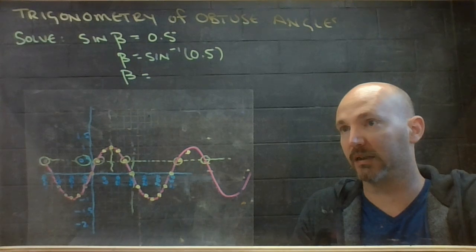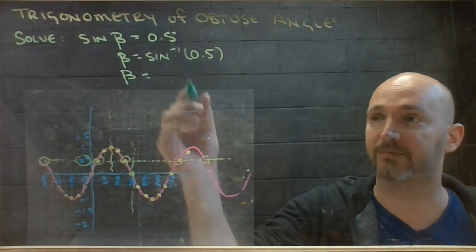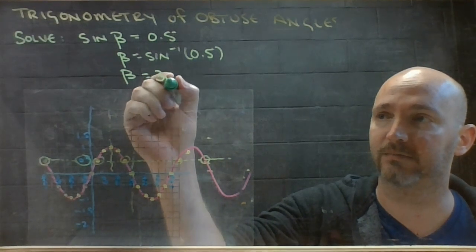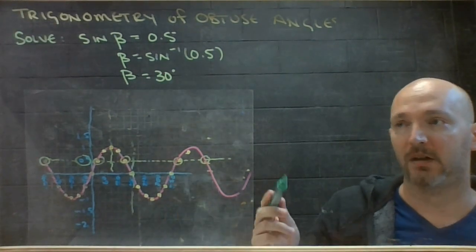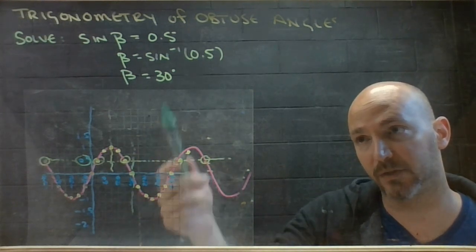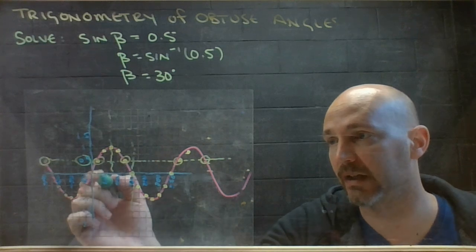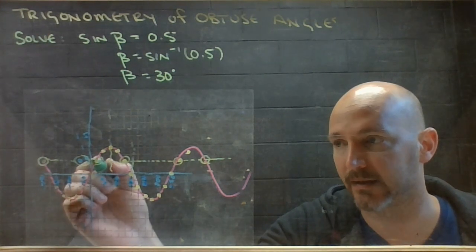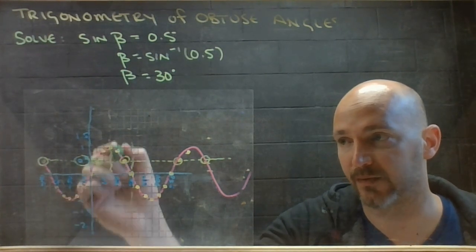Arc sine 0.5 is 30 degrees. Now I'm going to look at that graph. I'm going to try and find that there. 30 degrees is right here. So that's this solution. We found this one.